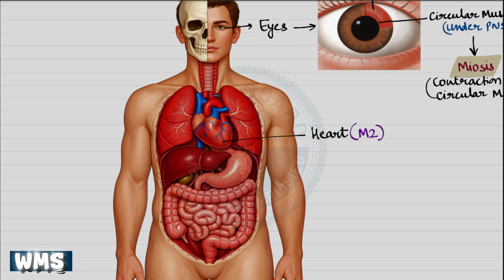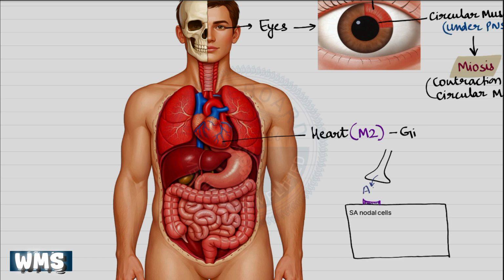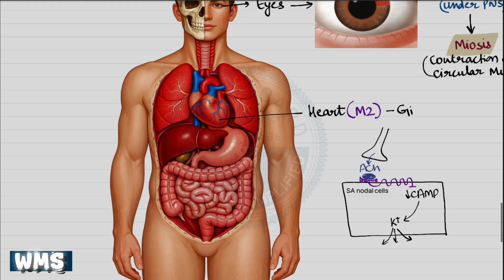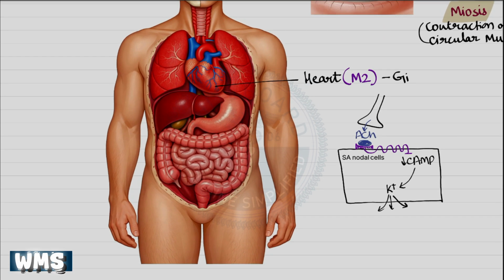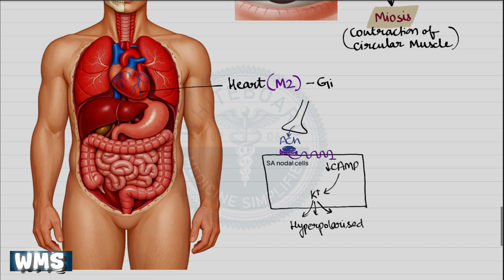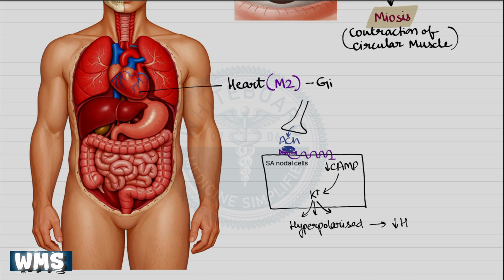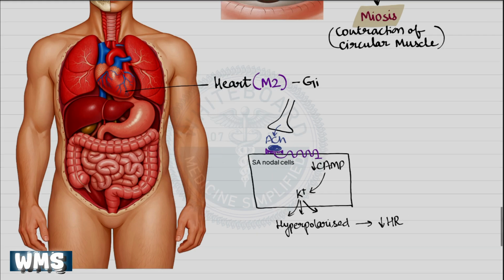These receptors are coupled to the Gi protein, and when acetylcholine released from the vagus binds to them, Gi activation leads to a decrease in cyclic AMP levels and an increase in potassium efflux. Because of increased potassium efflux, the pacemaker cells become hyperpolarized. This hyperpolarization slows the rate of spontaneous depolarization, ultimately leading to a decrease in heart rate, which is the principal parasympathetic effect on the heart.